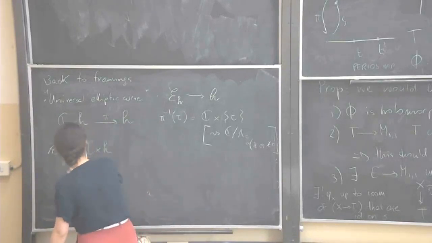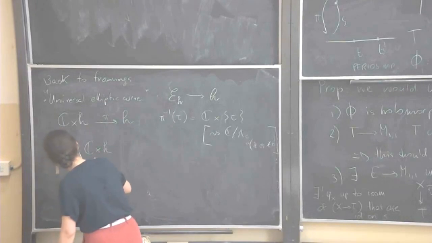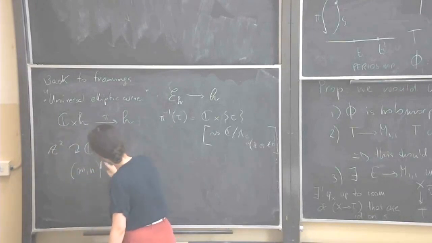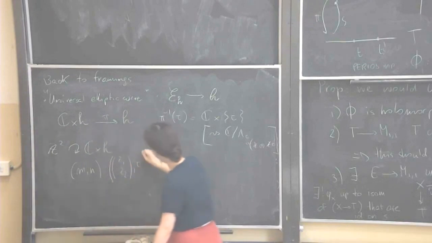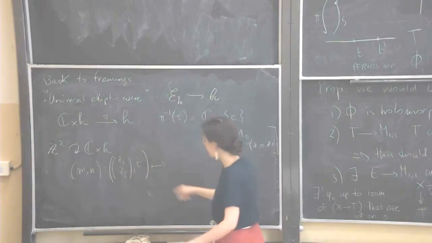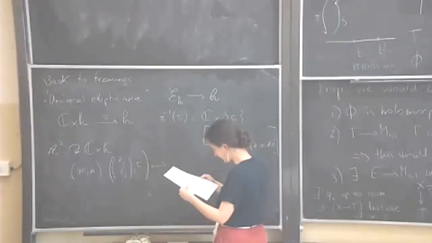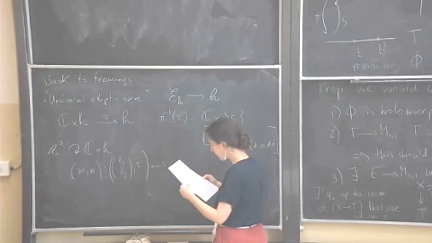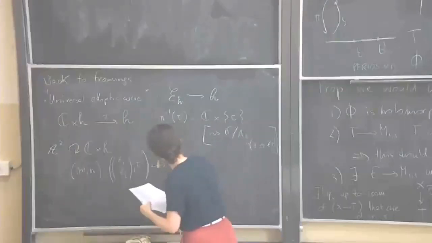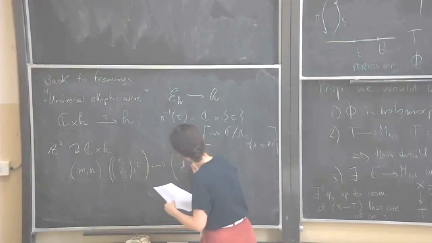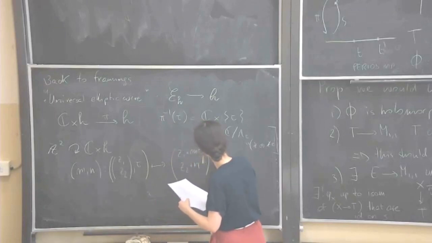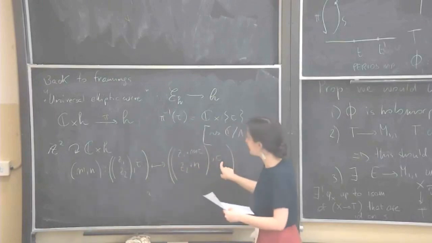So we take a pair of integers, and we send each point of this space that I will write in coordinates, let me get it straight, to z1 plus n tau, z2 plus n, and then as the identity on the second coordinate.